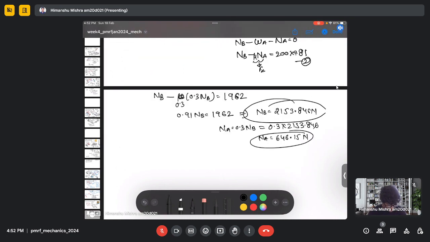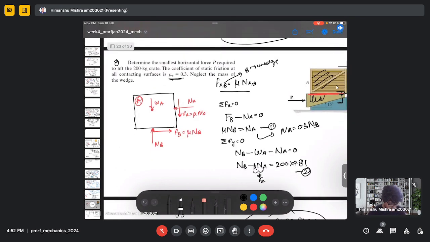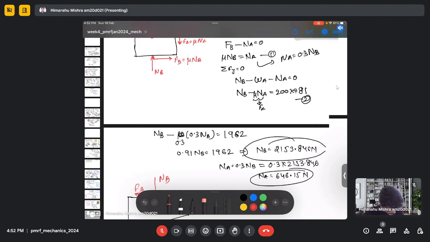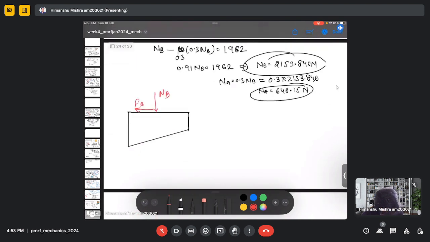Okay. So now let's consider the wedge. And here we have NB, here we have FB, and we need to find the external force, which is P here.